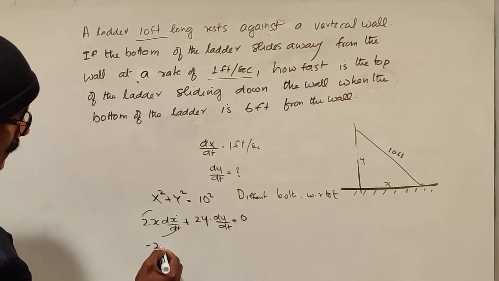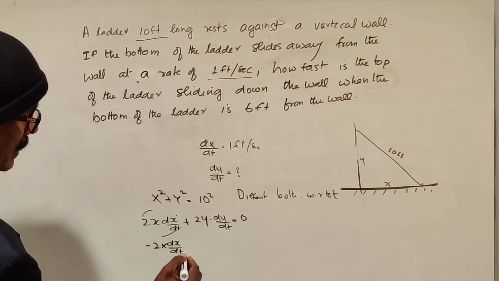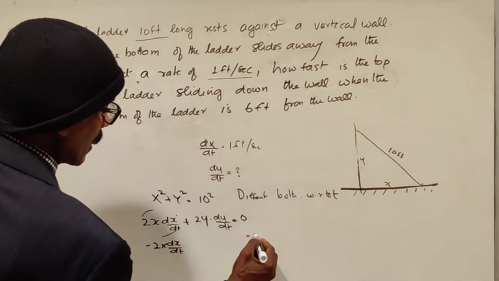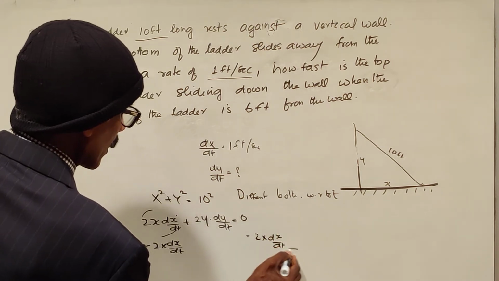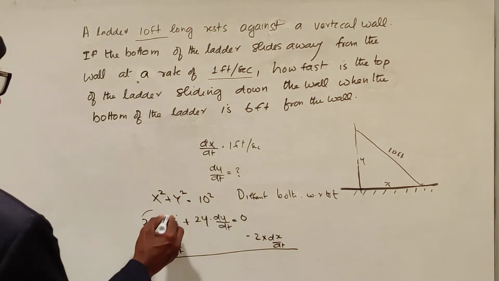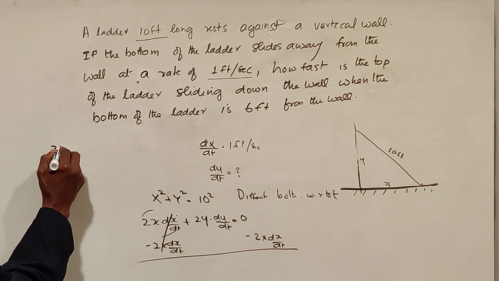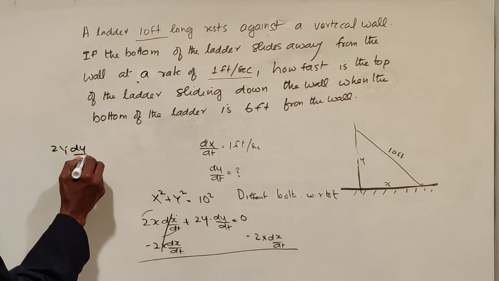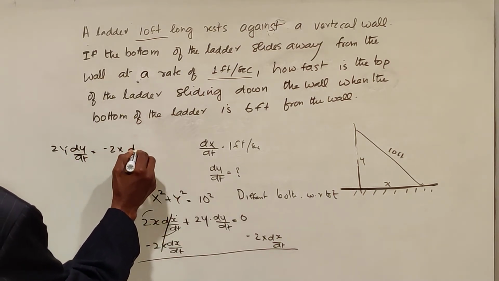So adding minus 2x dx by dt on both sides, what do you get? This one cancels out. 2y dy by dt equals minus 2x dx by dt.